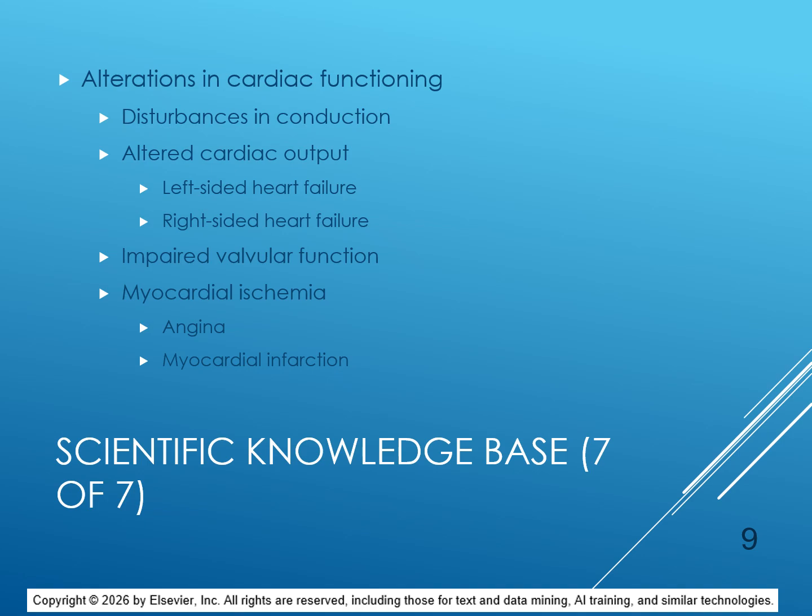If it's not going forward, it's going backwards because the valves are not working. They're too stiff or it's regurgitating backwards. So now our oxygenation is going to be decreased. Decreased cardiac output means decreased perfusion. So we're all talking about what causes this decreased cardiac output, right?